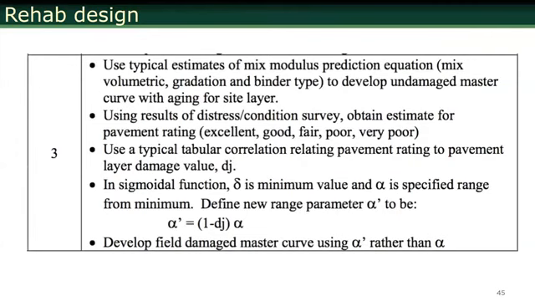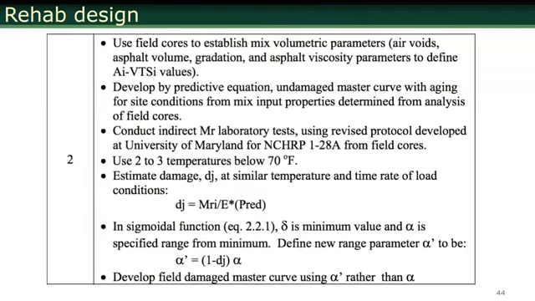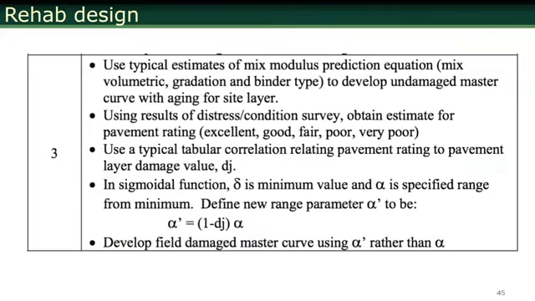The MEPDG uses a damaged master curve. I'm showing different levels here. And level 3 uses typical estimates of mixture models based on prediction. So based on a very rough estimate of whether excellent, good, fair, or poor, the damage is estimated from this visual survey. And that damage parameter value is used to estimate a damaged master curve alpha parameter.